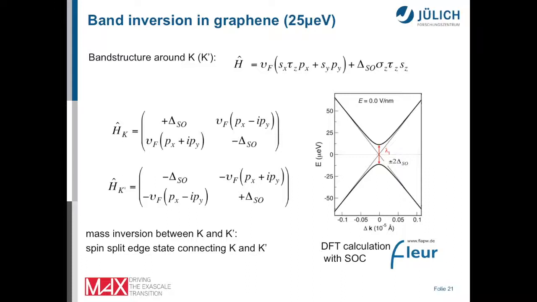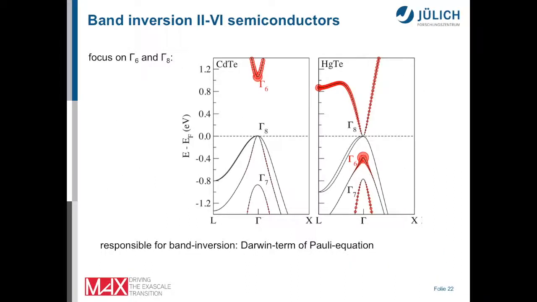And this you cannot realize in practice. What was realized in practice was this quantum spin Hall effect in mercury telluride, something I've shown you already. If you make quantum wells of mercury telluride, then you can see this quantum spin Hall effect.